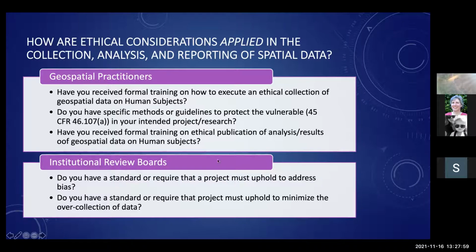And what we're asking is, have you received formal training on how to execute ethical collection of geospatial data, for collection, for vulnerability? And for the institutional review boards, what standards or guidance documents are you using to make sure that we are being held accountable as researchers in reporting, collecting or analyzing spatial data?